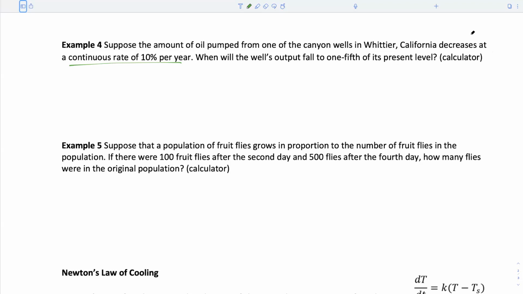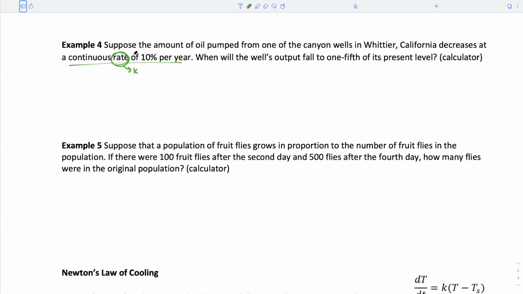Okay, so something is decreasing at a continuous rate. So here they are giving you what the rate is, and they are basically telling you what K is in our differential equation.